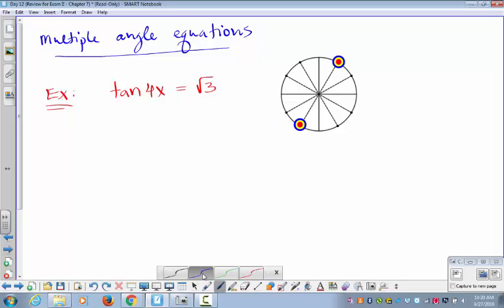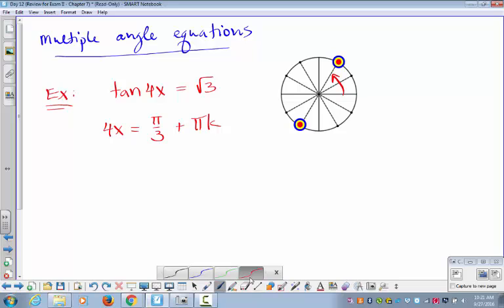And the thing that's a little tricky is that these are representative solutions not for x, but for 4x. So this is telling us that 4x is equal to pi over 3 plus pi k. So you could treat it like if you wanted just the quadrant 1 solutions, you would say pi over 3 plus 2 pi k.